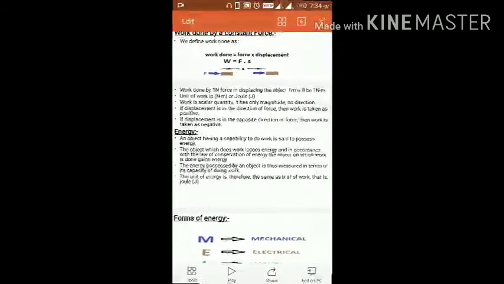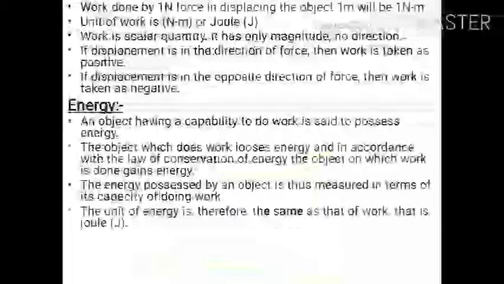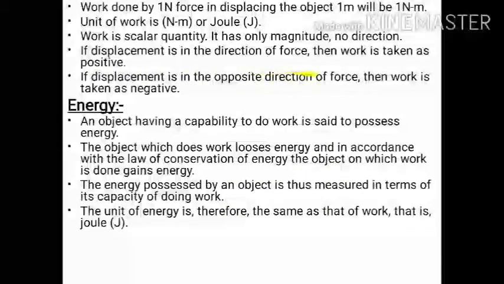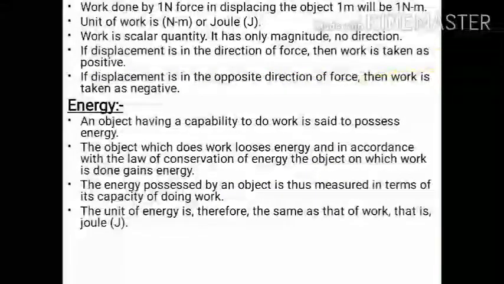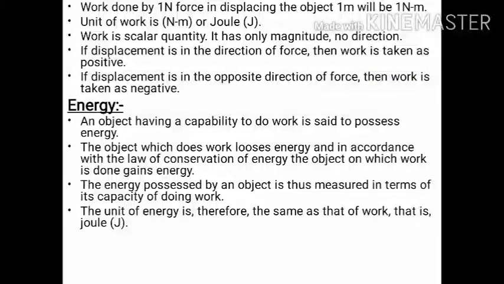Next point: if displacement is in the direction of the force, then work is taken as positive. For example, if you push a box to the right and the object goes in the right direction, the work is positive.